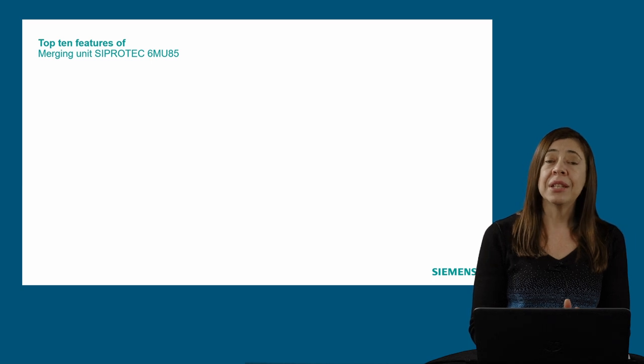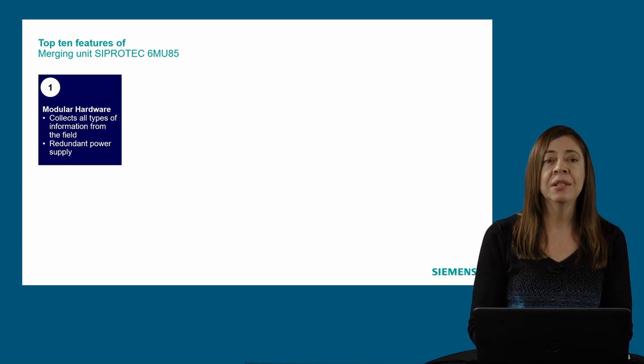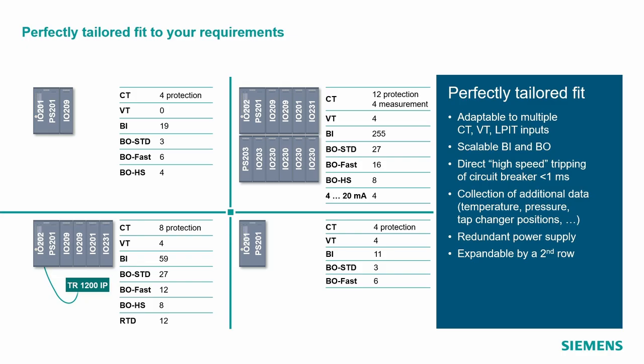So let's start with the top 10 features of this device. The first one, the modular hardware. So you can have small merging units with only current and voltage transformers and a few binary inputs and binary outputs.